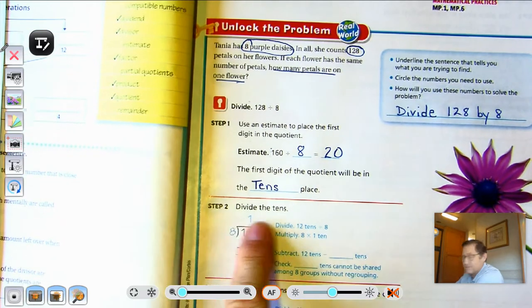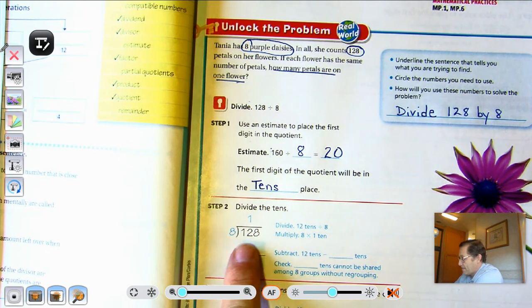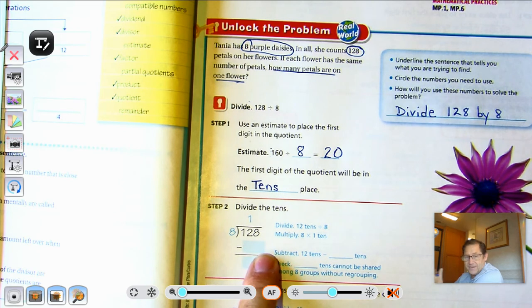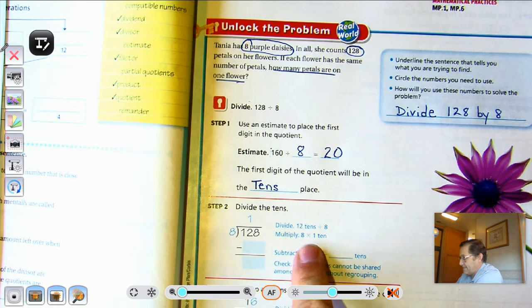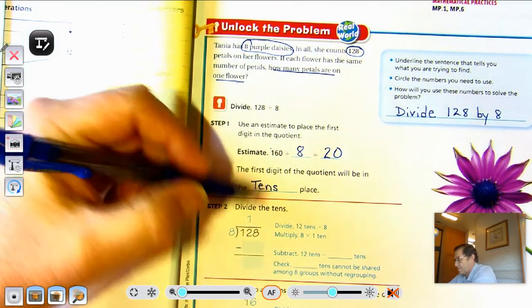And we see that here. So we're going to divide the tens first. So divide 12 tens, because again, we can't share 100 in 8 groups. So 12 tens divided by 8. How many 8s can we share with 12? 1. I can share 8 times 1 ten. I'm going to put 1 ten in each of those 8 groups.